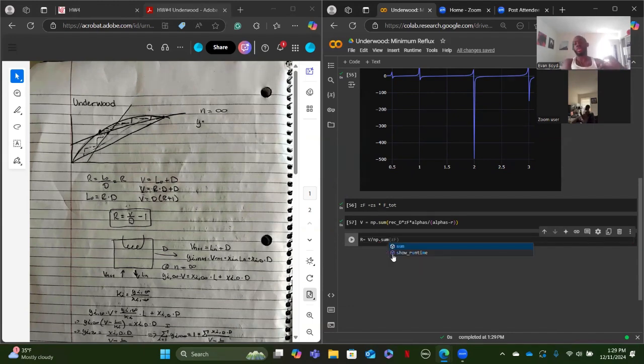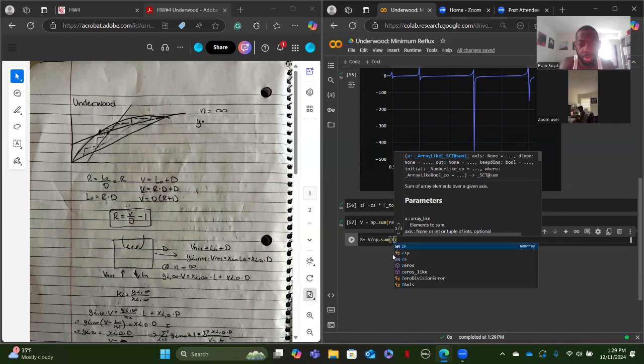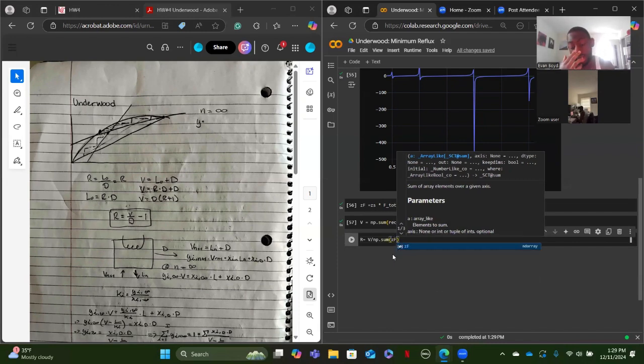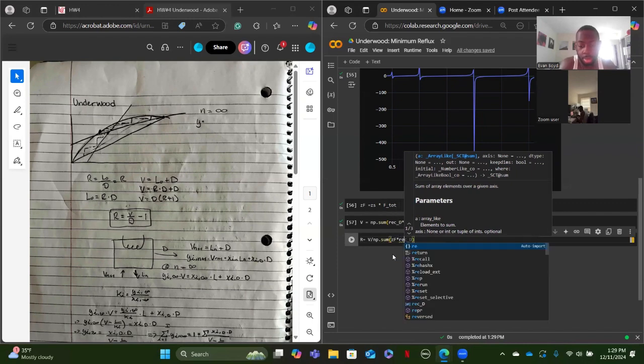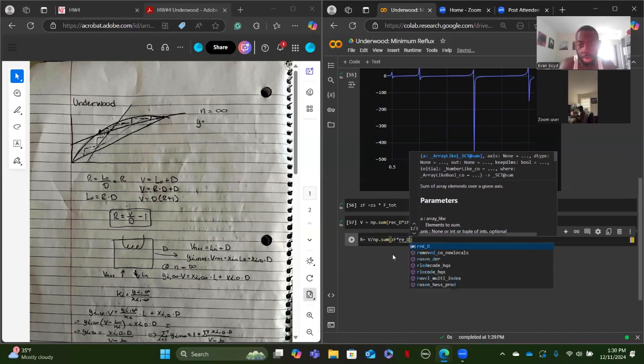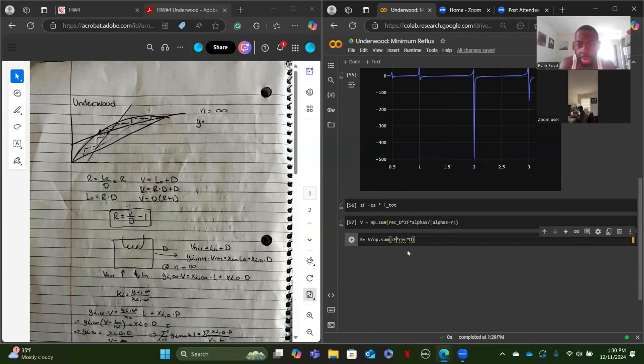So this is what I was talking about. We will use our total feed, and then from the feed, circle back around to find our distillate. So what is it? We can find our distillate by using our molar fraction times our recovery of the distillate, and this would also be times our feed.